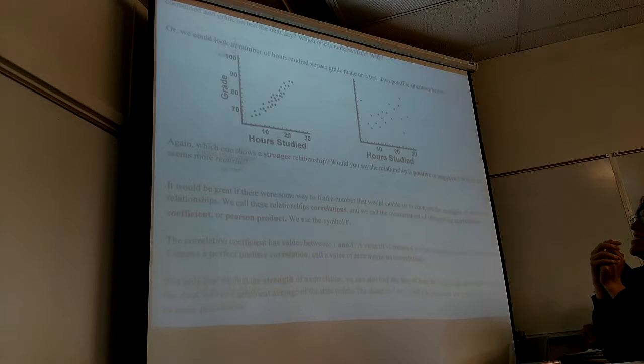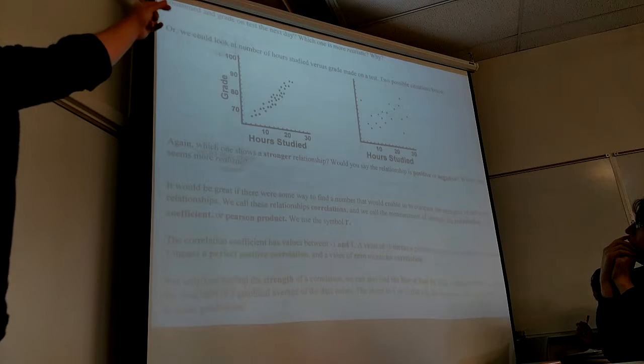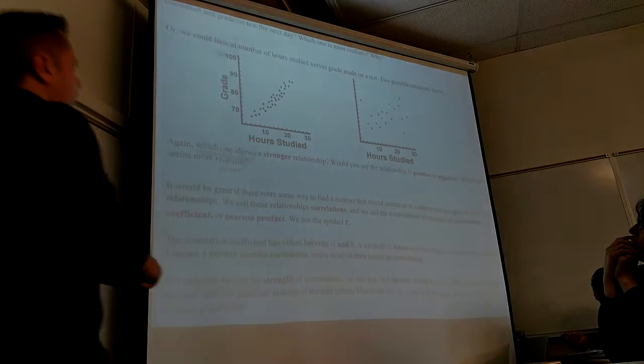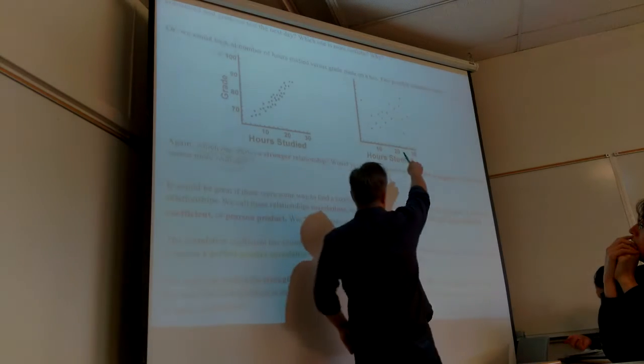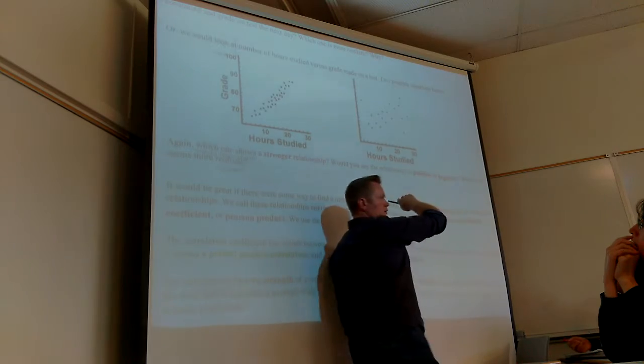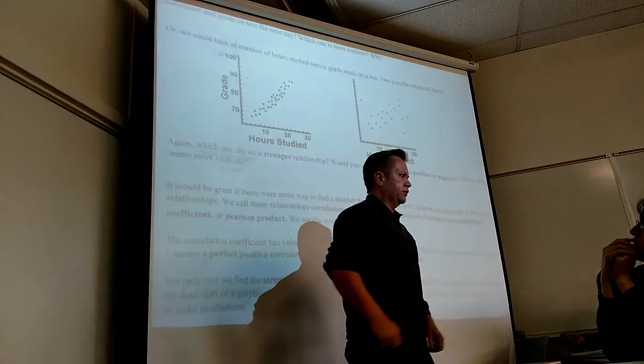No, I didn't. And then here's the hours studied versus the grade on some test. So again, which one is more realistic? Yeah. So this is one where this person studied a lot, but didn't make a very high grade. So either they don't know how to study, or it just didn't get through their head.